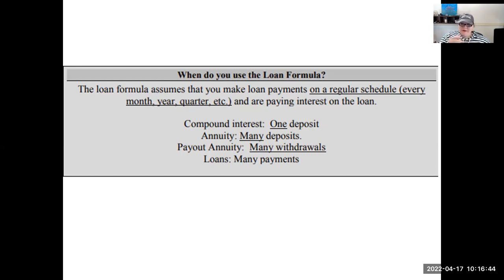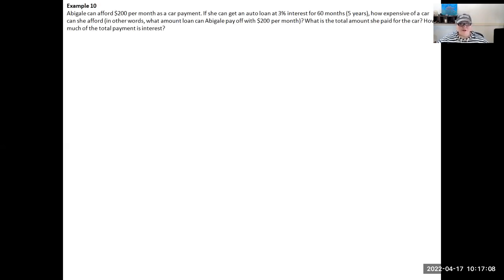Payout annuity is when you're sucking that money back out of that account that you have put deposits into, or somebody did. And then loans are you are making payments, but not to something that you're going to benefit monetarily from later, but to pay for something that you wanted to have, whether it be a house, a car, things like that. Okay. Let me know if you have any questions on that.